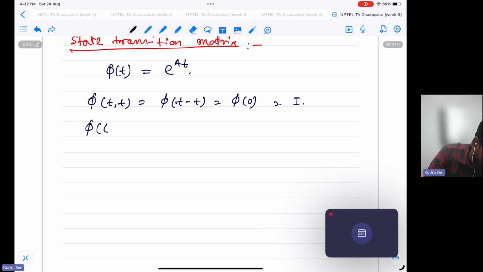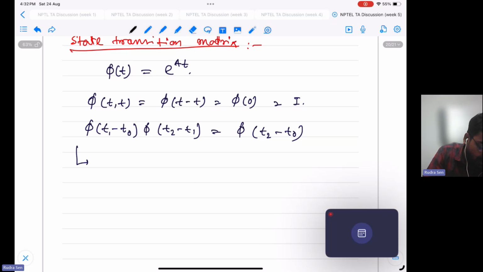Next, phi(t1 minus t naught) and phi(t2 minus t1) is basically phi(t2 minus t naught). This is nothing to worry about, nothing to discuss, because we know that phi(t1 minus t naught) is e to the power A(t1 minus t naught) into e to the power A(t2 minus t1).